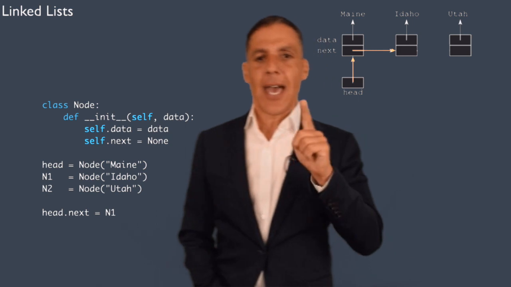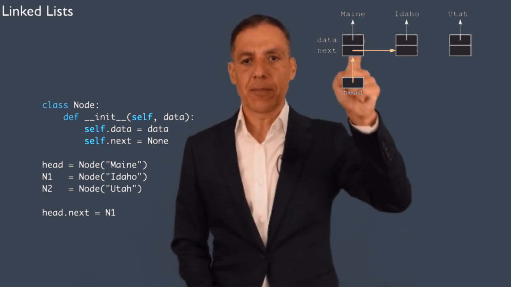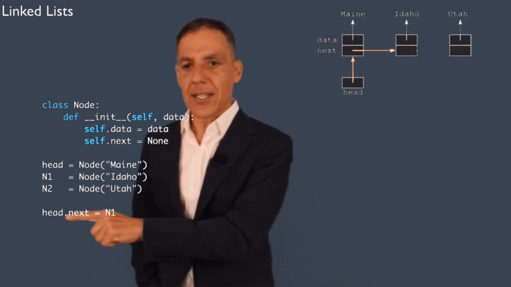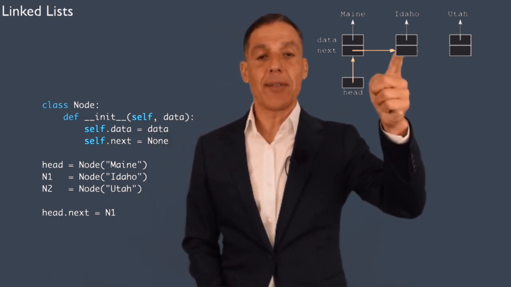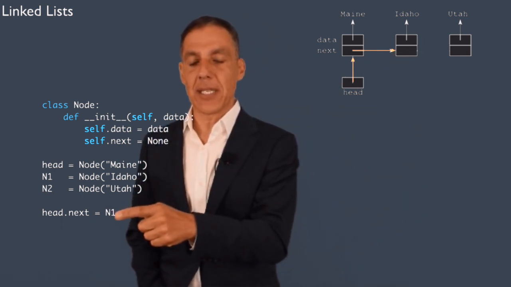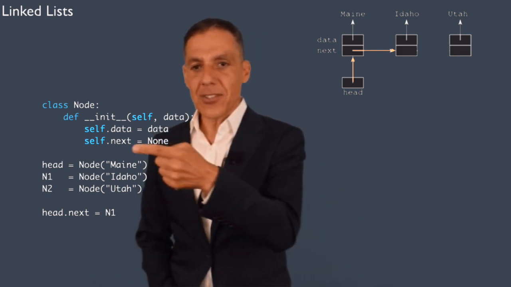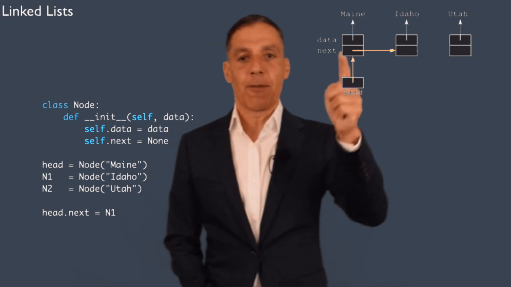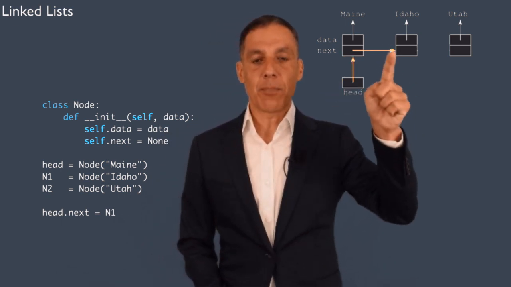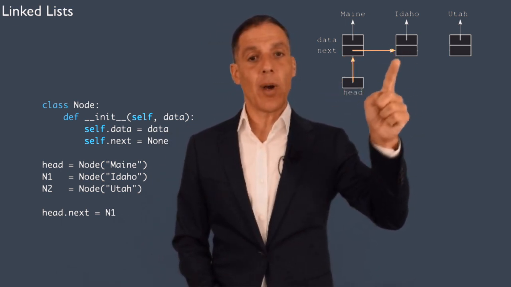So let's see. Head is this node right here. So I'm going to say head.next is equal to whoever I want next in the list. So I want that to be n1. So now this element, this variable for this node, is going to point to this node, n1. Okay, good.